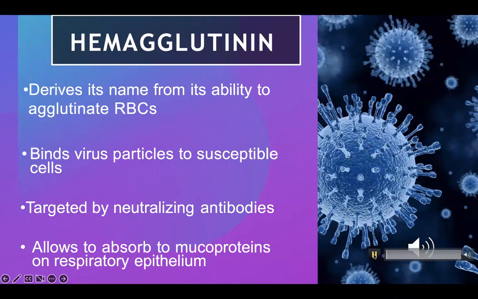Now let's discuss the glycoproteins, hemagglutinin and neuraminidase. Hemagglutinin derives its name from its ability to agglutinate erythrocytes under certain conditions. It is known to bind virus particles to their susceptible cells. This glycoprotein is also the target of neutralizing antibodies.